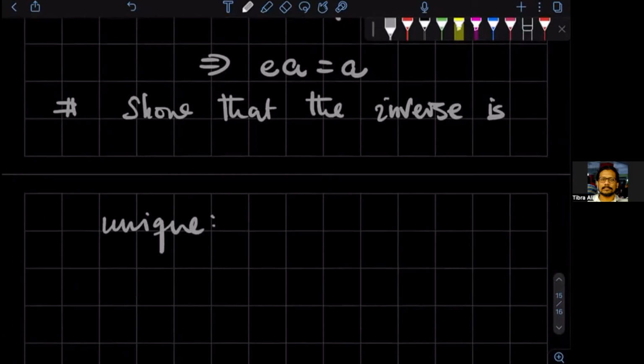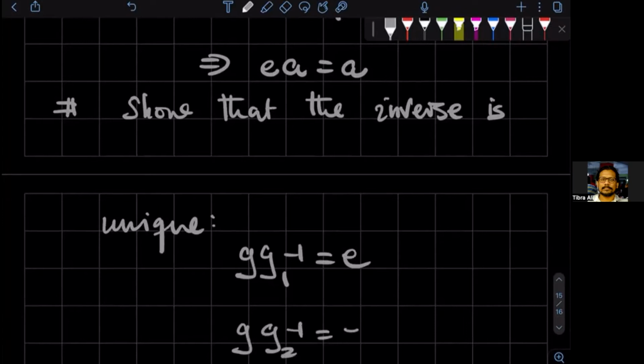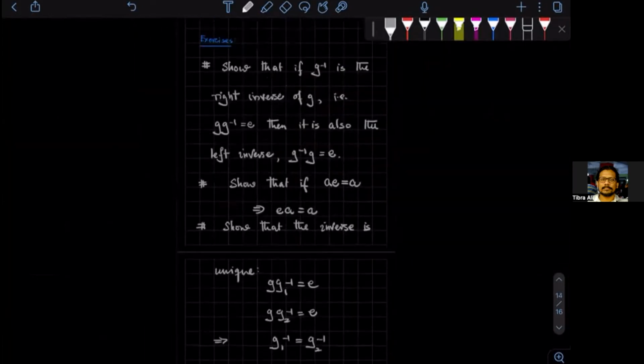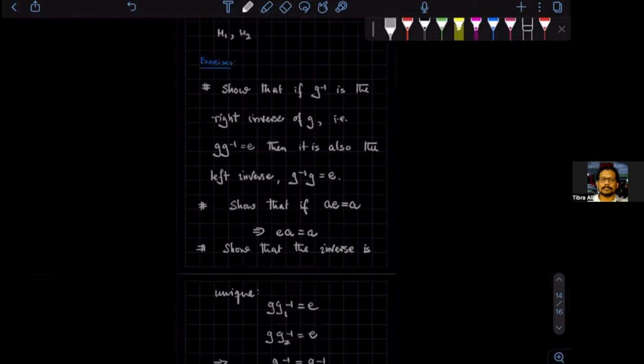That is, suppose you have, say, G1 inverse is E, and G2 inverse is E, then that means that G1 inverse is equal to G2 inverse, okay? So these are some of the exercises I would like you to do.